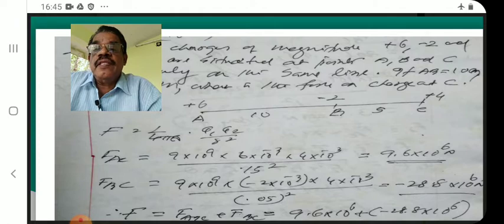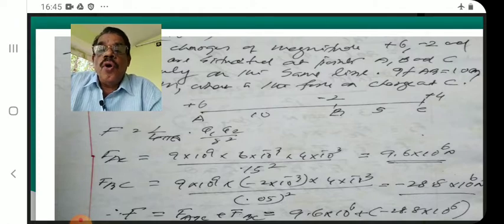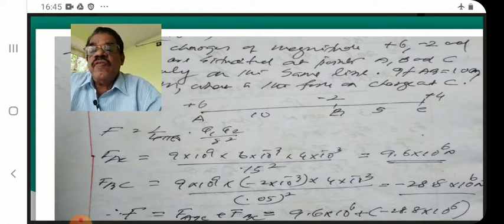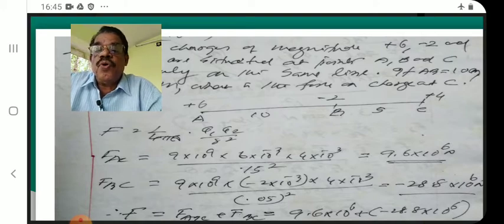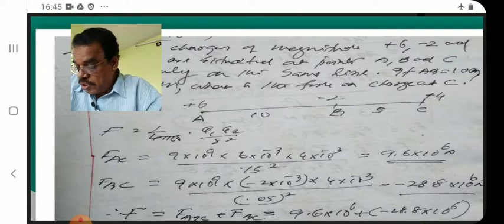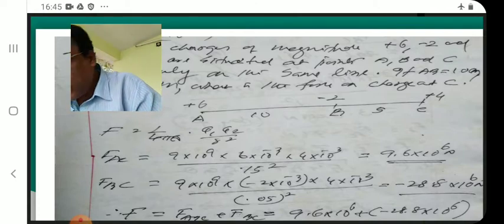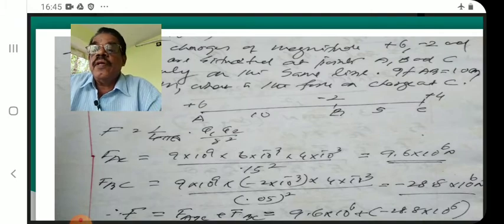The total distance is 15 centimeter. On conversion into meter, we get 0.15 square in the denominator. On calculation, the answer becomes 9.6 into 10 raised to 6 Newton. That is the force between A and C.